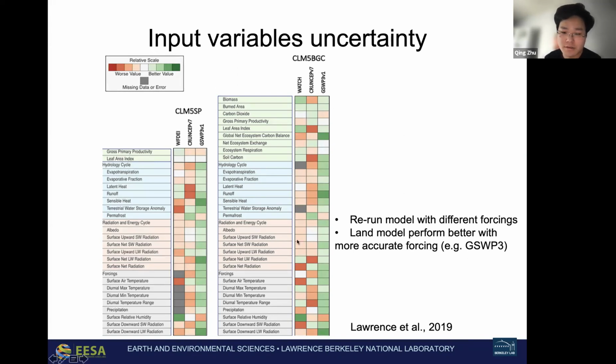We can also evaluate the accuracy of the forcing. Here at the bottom, there are forcing scores. And if it's not good, then we can maybe do some bias correction for the forcing first, and then go back and rerun the model. In this way, we can know how much uncertainty is generated by the uncertainty in the input variables. But again, we need to rerun the model, which is not what we want in this framework.